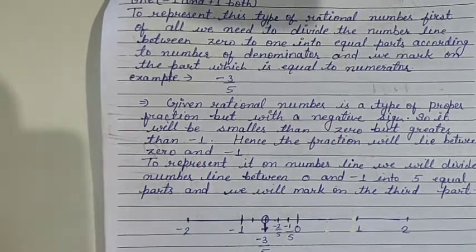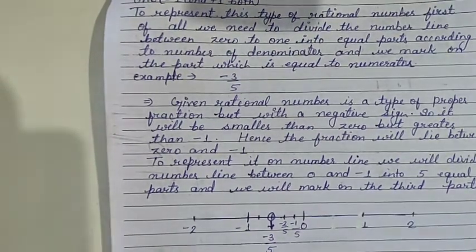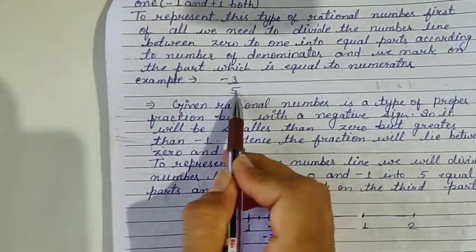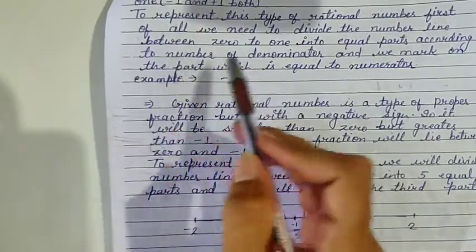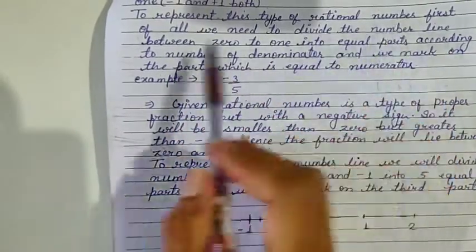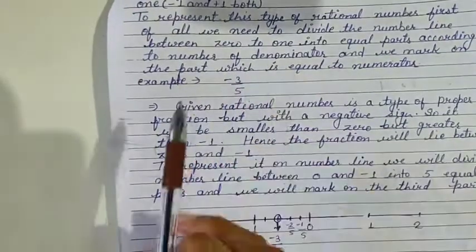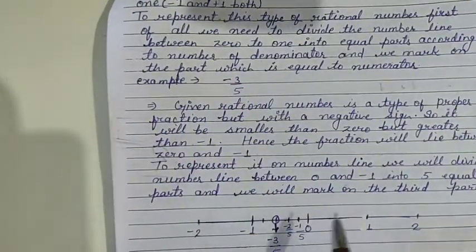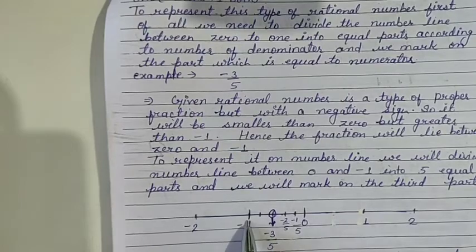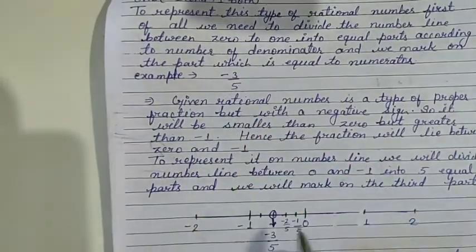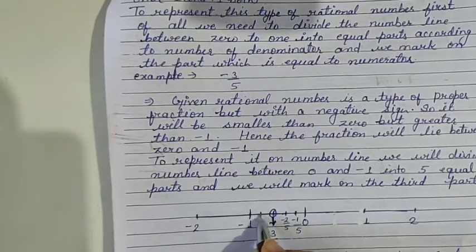To represent it on number line, we will divide number line between 0 and -1 into 5 equal parts. It is given that divide the number line between 0 to 1 into equal parts according to the number of denominators. So we will divide the number line between 0 to -1 into 5 equal parts because denominator is 5. 1, 2, 3, 4 and 5.